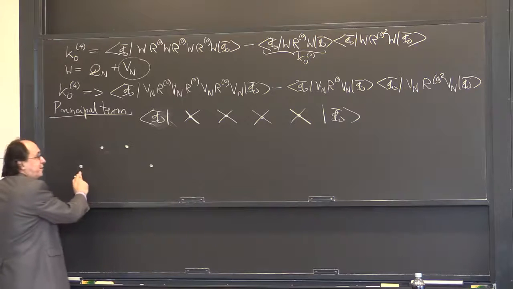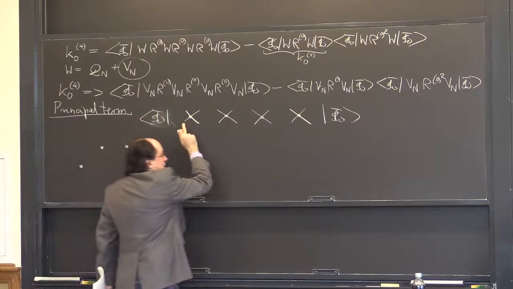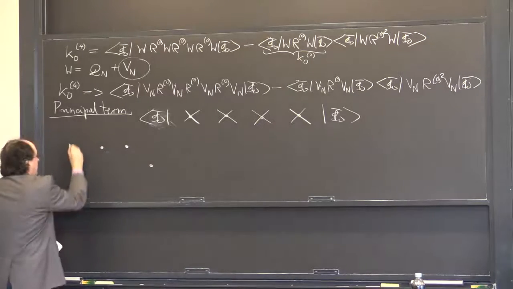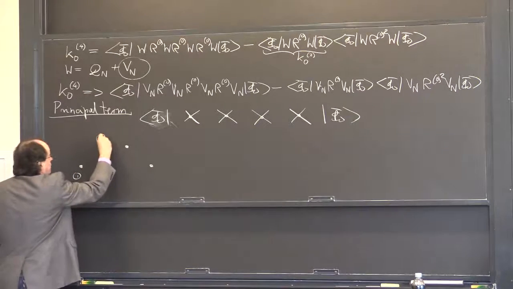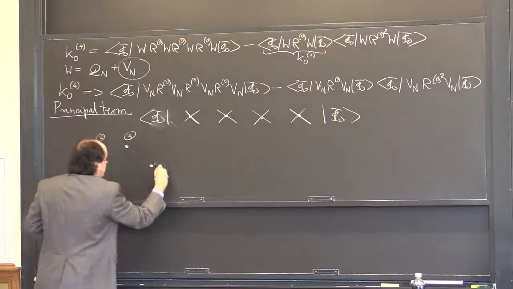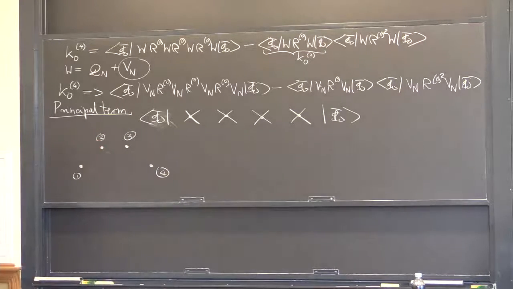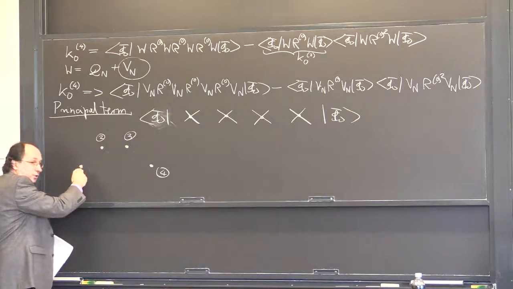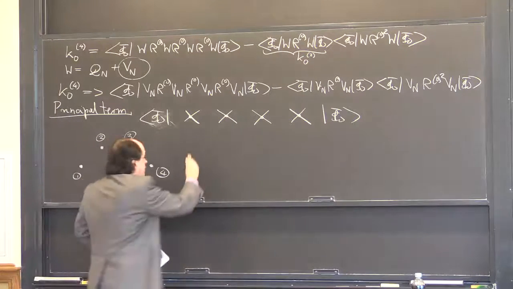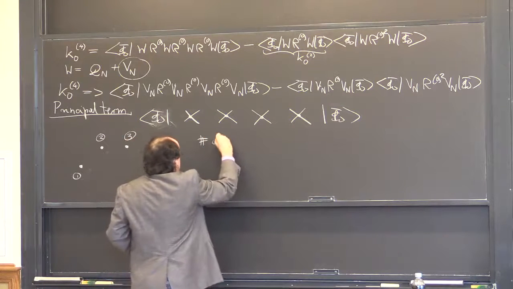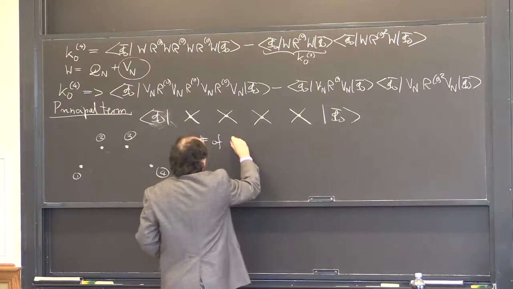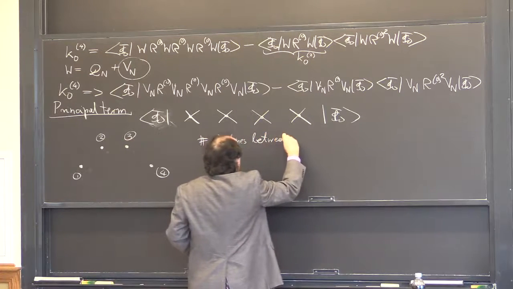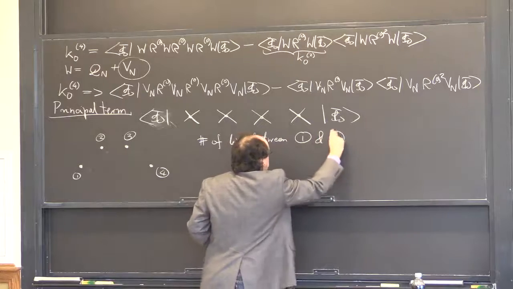And I will call these 4 vertices, which I'm reading from left to right, I'll label them as vertices 1, 2, 3, and 4. And I will be organizing our diagrams according to the number of lines connecting 1 and 2. Okay? So we'll be grouping our diagrams according to the number of lines between vertices 1 and 2.